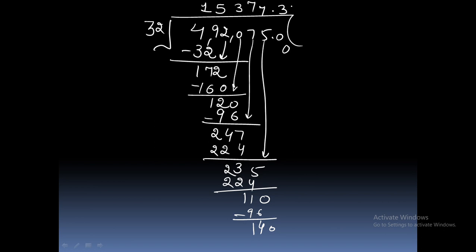It depends on you how many decimal points, after decimal how many digits you have to go. Then again go on 4, 4 2s are 8, 4 3s are 12. This is your answer of amount. Now after getting amount, you can calculate compound interest.